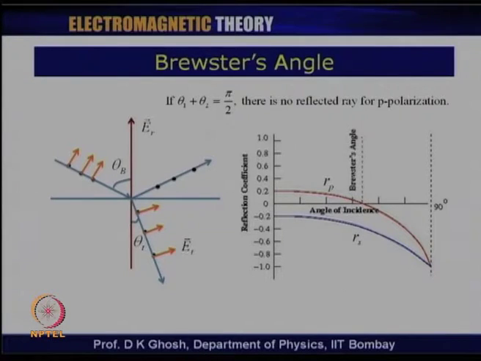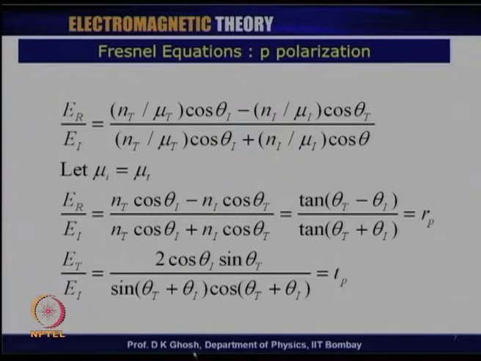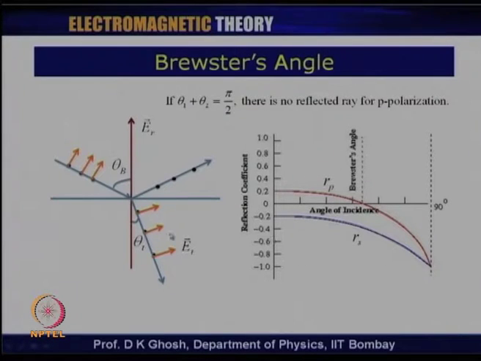The first thing you notice, incidentally very special to the p polarization, that is the parallel one, is that E r by E I is given by tan of theta t minus theta I by tan of theta t plus theta I. So, if it happens that theta t plus theta I becomes equal to pi by 2, you can look at the picture.